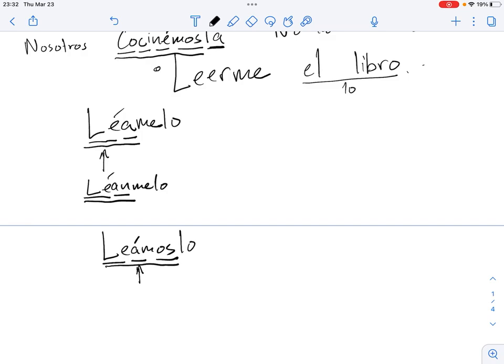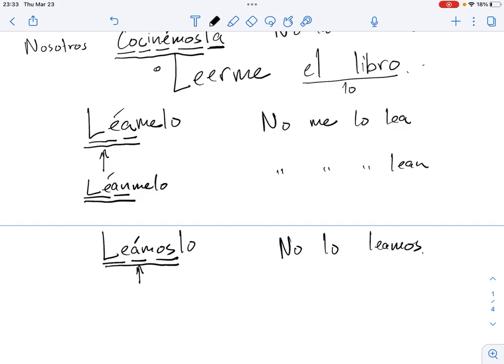Once we've added another pronoun. But again, no need to worry about it if it's negative. No me lo lea. Ustedes no me lo lean. Right? No me or no lo leamos. Let's not read it.